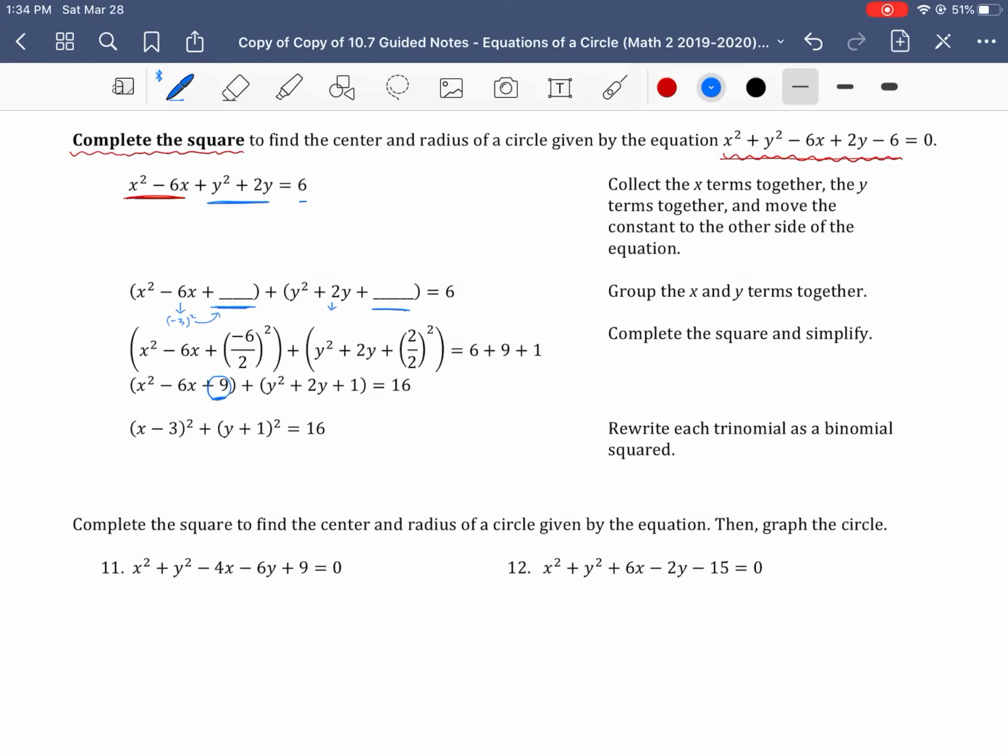On the other side, same thing. We take half of 2, which is 1, and then we square that. 1 squared is just 1, so notice they've added in a 1 there. And then remember, we have to balance out the equation. So if you're going to add 9 on the left side, you need to do it on the right side. If you're going to add 1 on the left side, you need to add 1 on the right side. So ultimately, when we add this totally together, we end up with this 16 right here.